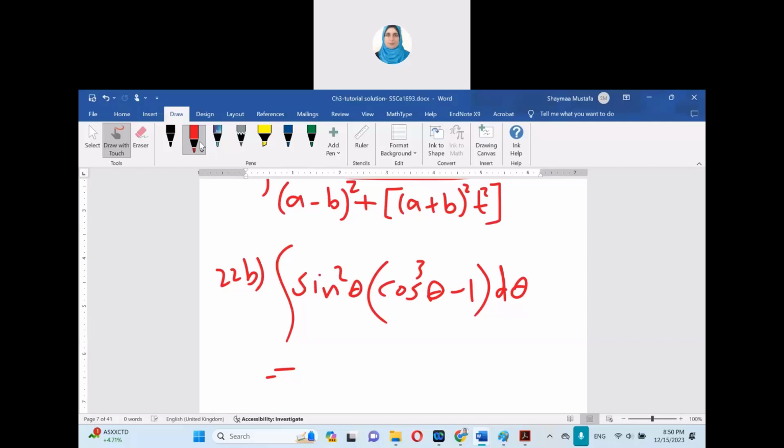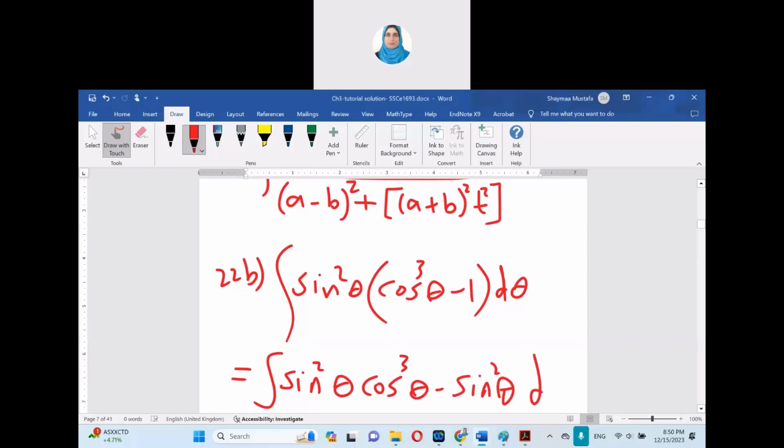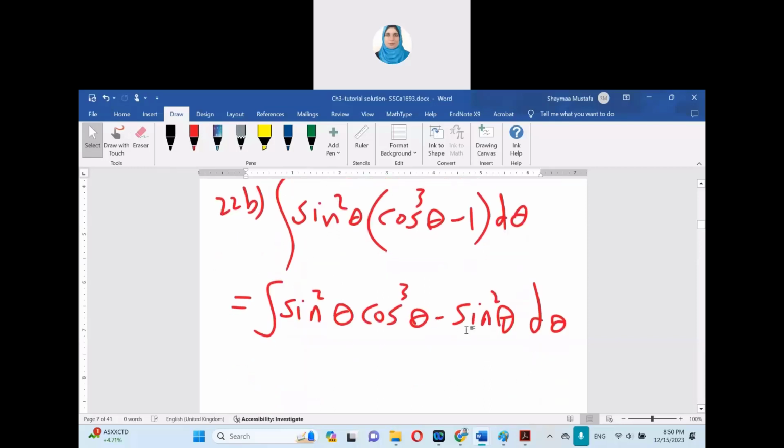So for this one, you need to distribute sine square first. So this one becomes sine square theta cos cube theta minus sine square theta d theta. Now for sine square, integration can be done from the identities.